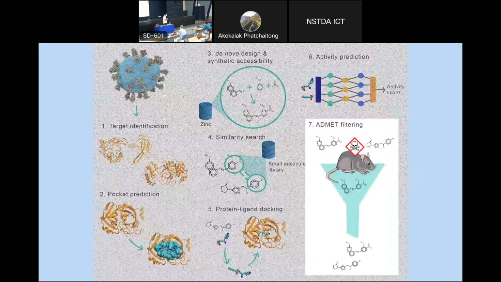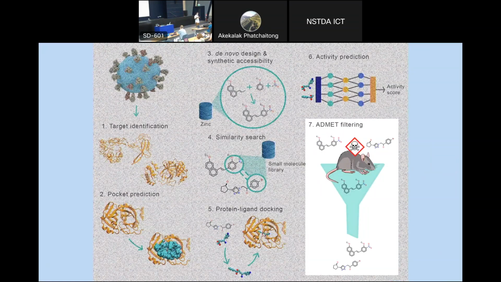Okay, the final part is after you have identified which molecules are possibly binding your protein. Remember, I told you the major bottleneck of drug development is toxicity. The reason is that it is very hard to model toxicity, and that's where a lot of drugs fail in the clinical trial.